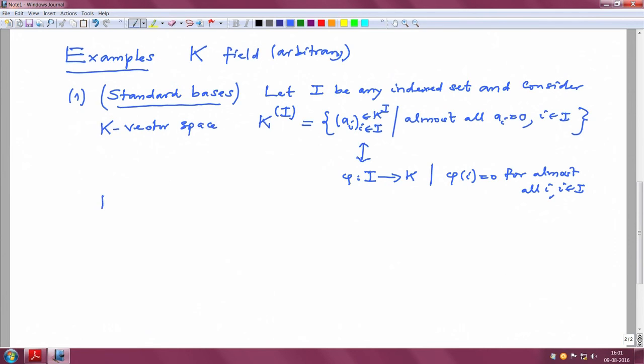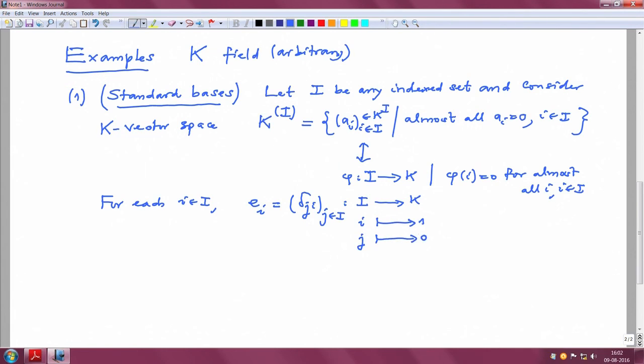So, for each i in I, we have the standard tuple ei. ei is, if you like, delta ij, where j is varying in I. So, think of this as a map from I to K, where i goes to 1 and any other j goes to 0.